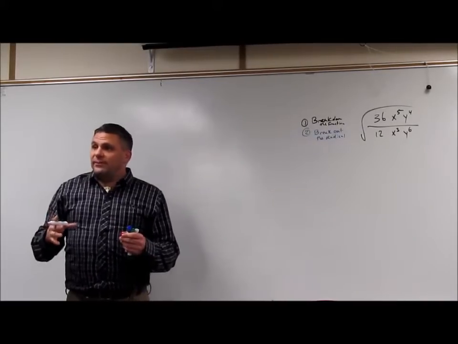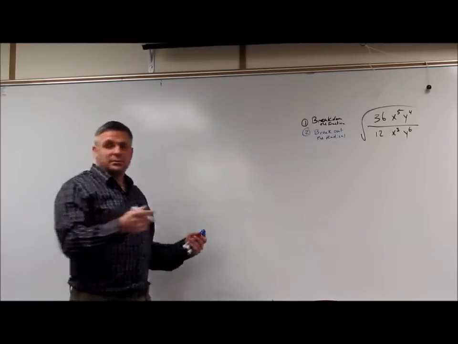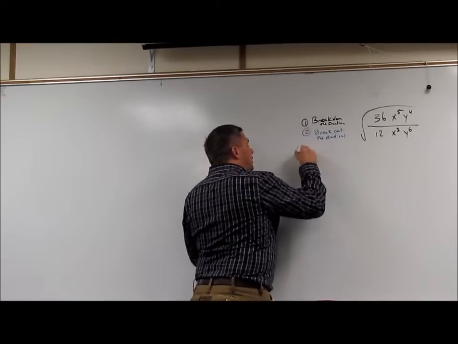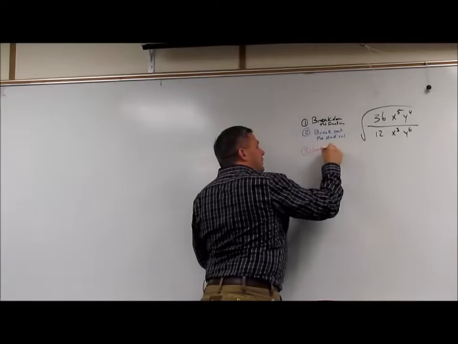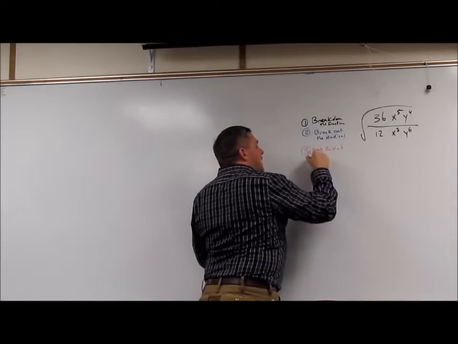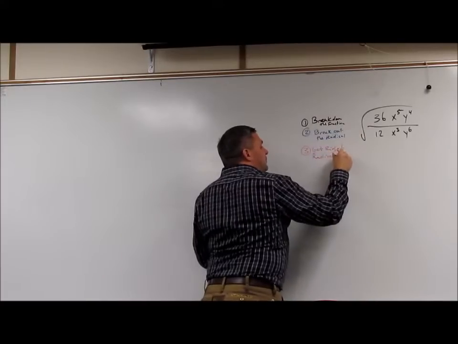If you have a radical in the denominator, you've got to get rid of that radical. So the third rule, if it gets to there, is to get rid of the radical in the bottom.